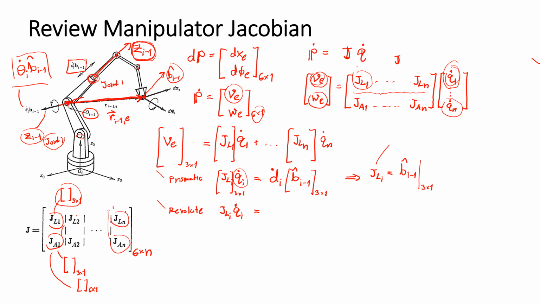If you want to find the speed at the endpoint, the velocity is equal to the omega vector cross product with the position vector.